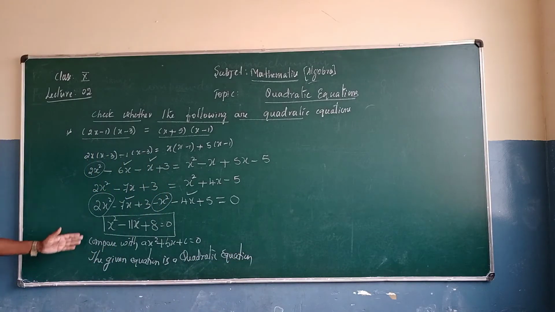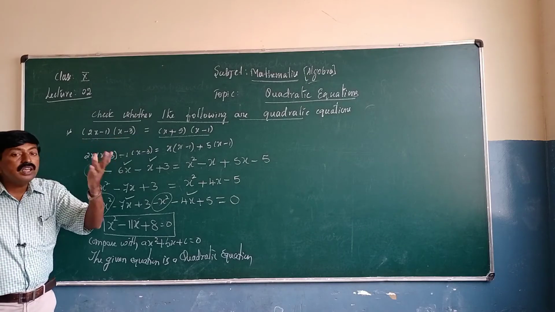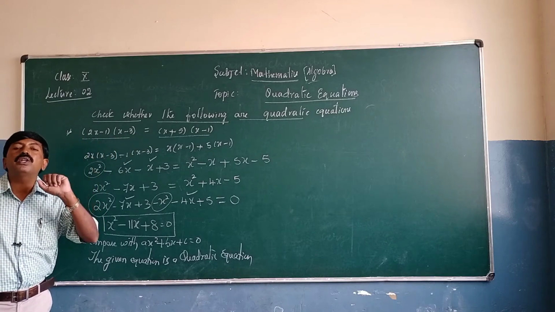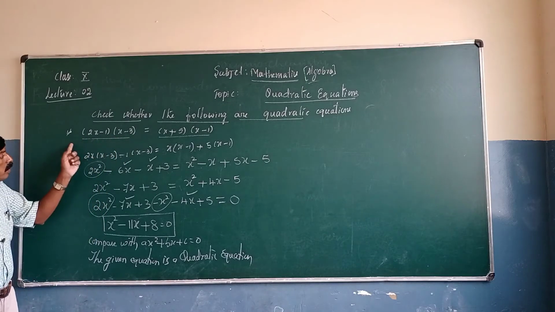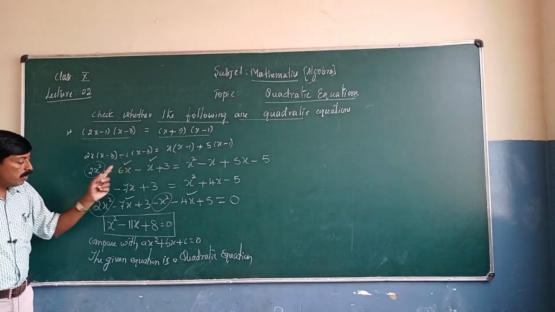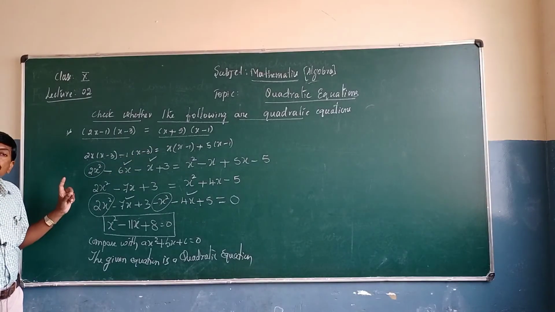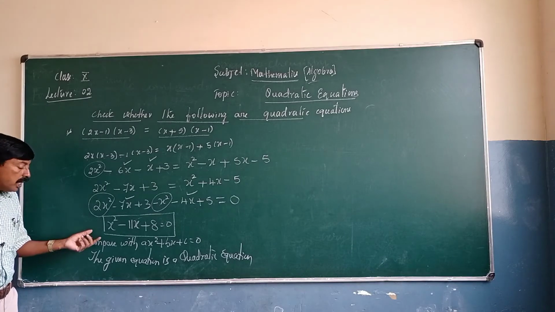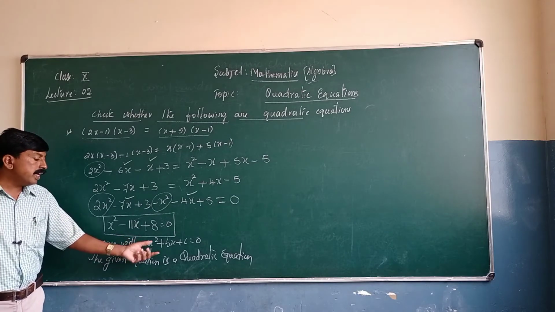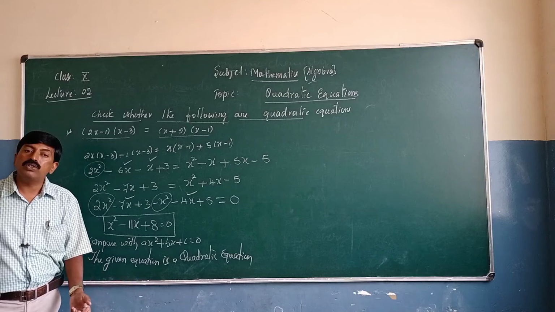So it means directly by seeing the problem, it is not possible to identify. Simplify the problem by using different rules. Finally, convert in the form ax square plus bx plus c is equal to 0.